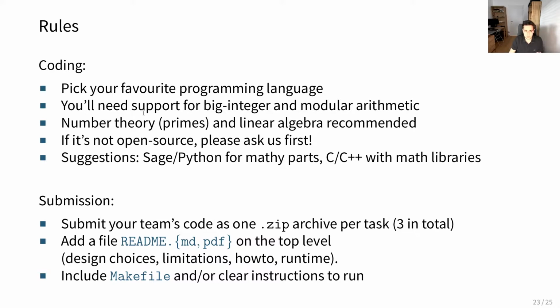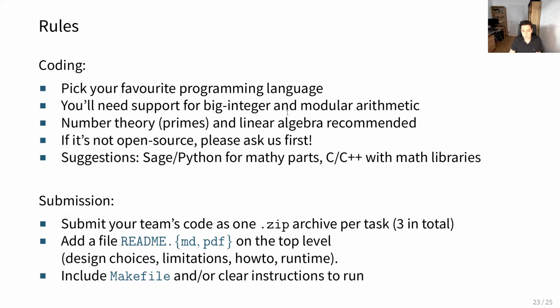Some number theory functions and linear algebra are also recommended. You can write it all yourself if you want to, but it's maybe easier if you pick a language which already includes it. Suggestions are, for instance, Sage, which is essentially Python for the math parts, but also C or C++, which have many math libraries, such as NTL, GMP, and so on.